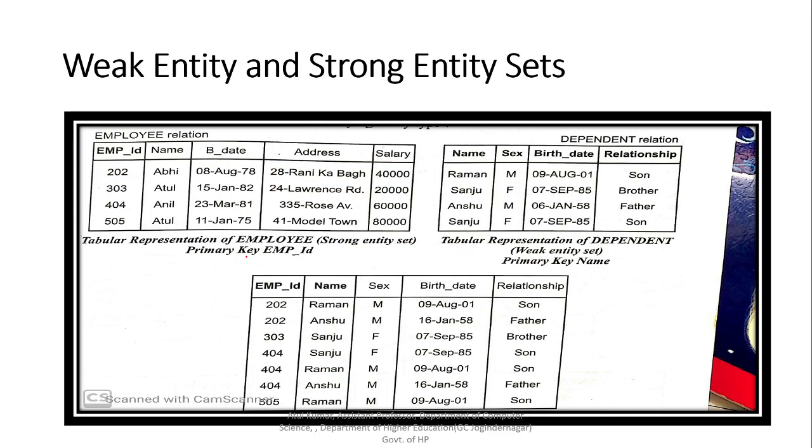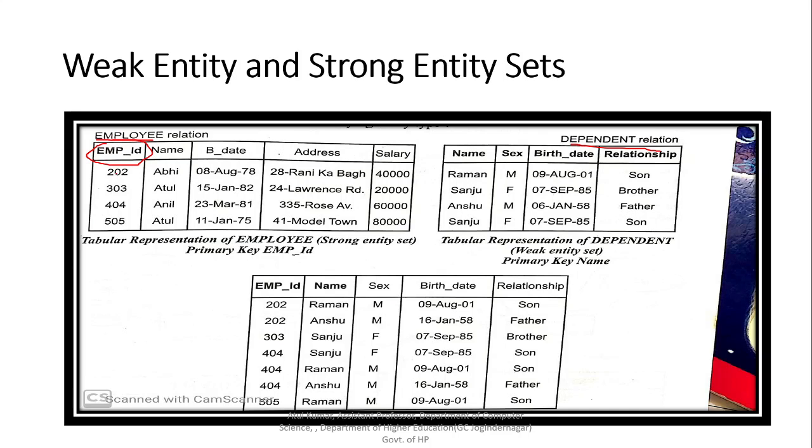For example, in this diagram we have two kinds of tables. One is an employee table and the other is a dependent relation. In the case of employee we have an employee ID, and this one is a primary key. Why is it a primary key?